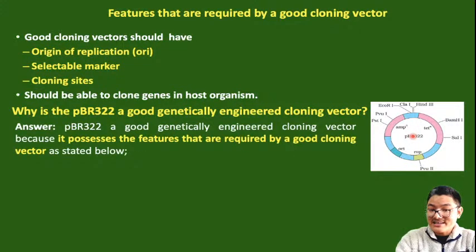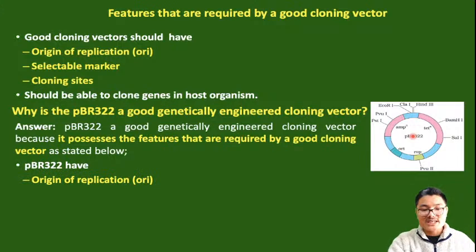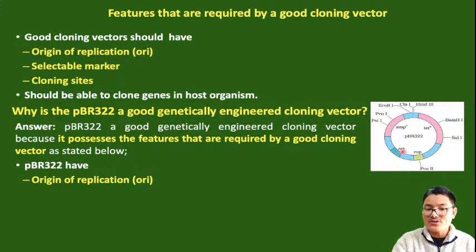It has lots of good features required by good cloning vectors. pBR322 has an origin of replication at this site, and it also has selectable markers like the tetracycline resistance gene and the ampicillin resistance gene. These usually help in selecting recombinants from non-recombinants, or transformants from non-transformants. So it is a good cloning vector.